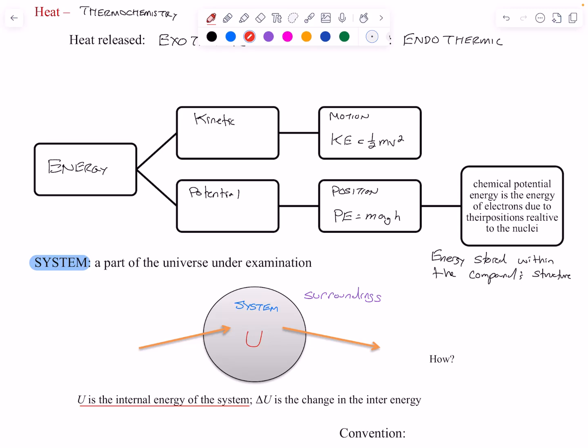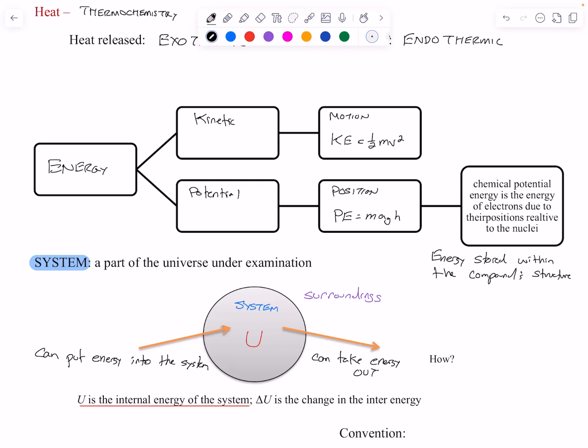And so what we can do is we can put energy into the system, or you can take energy out, right? So we can put energy into a system and we can take energy out.